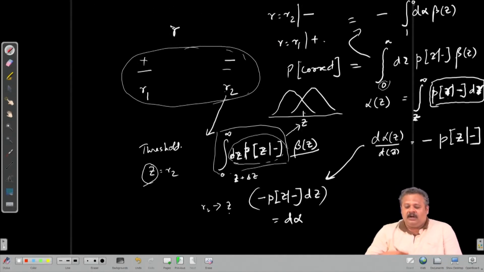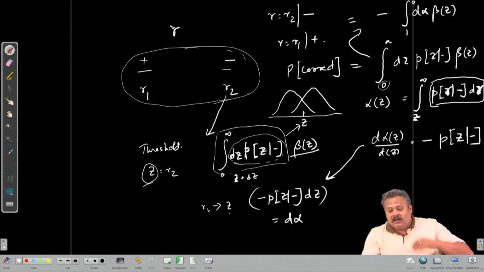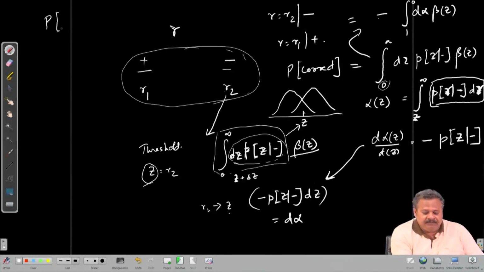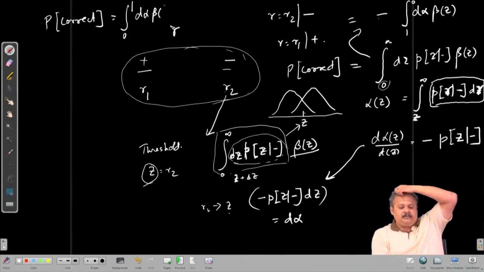This reverse direction of the variable over which we are integrating is countered by the minus sign in front, and so what we get is that percentage correct is the integral 0 to 1 of d alpha beta as a function of alpha.